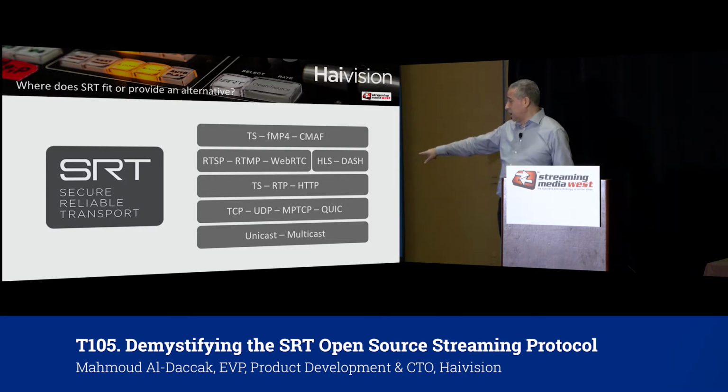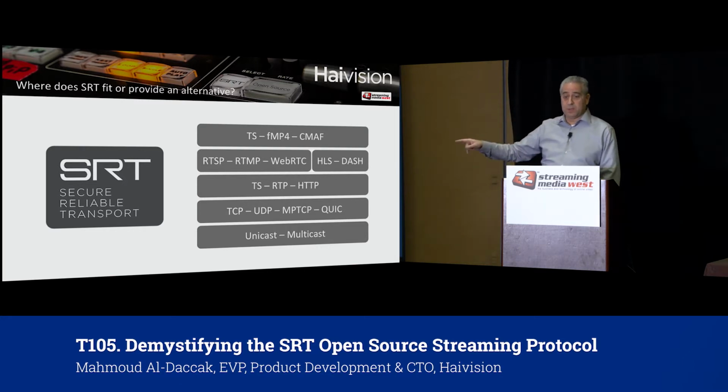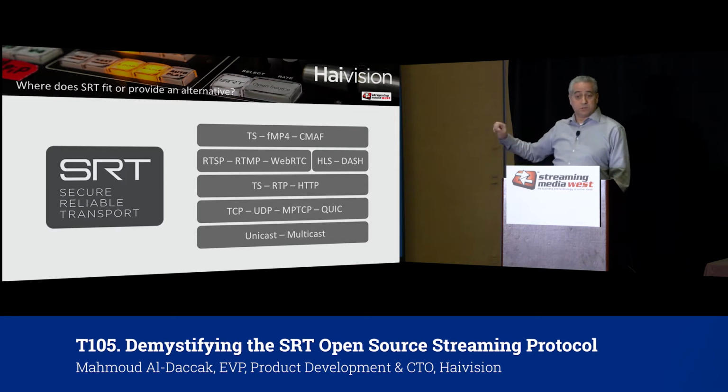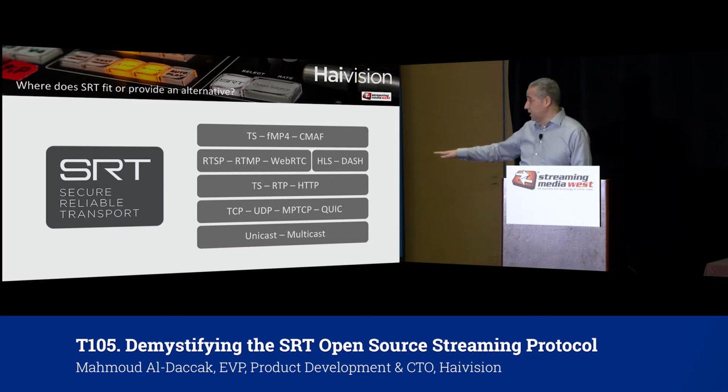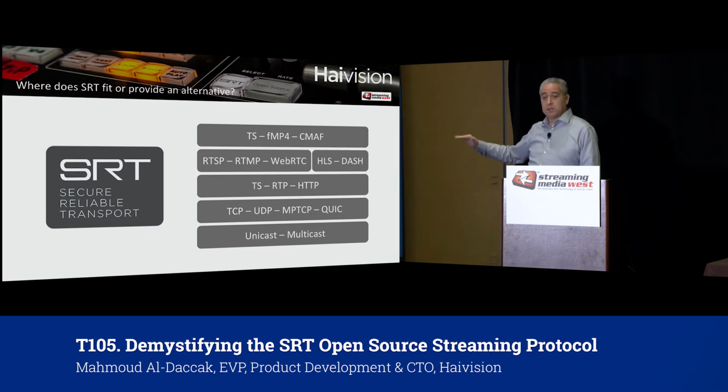Of course, there are also a lot of mechanisms to try to get UDP to be a little more reliable, things like Multipath TCP or QUIC. We're not leveraging those. These are fantastic efforts at the transport layer. They're trying to take some of the advantages of UDP and TCP and combine them together.